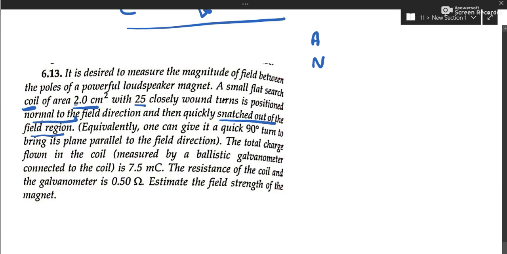Field is normal, so best. The total charge flown in the coil is this. So charge is also given. When you were snatching the coil out of the magnetic field, this much charge has flown, obviously due to the induced current. So you can convert this into 7.5 milli, that is 10 to the power minus 3 coulomb. Otherwise, take everything in SI units.